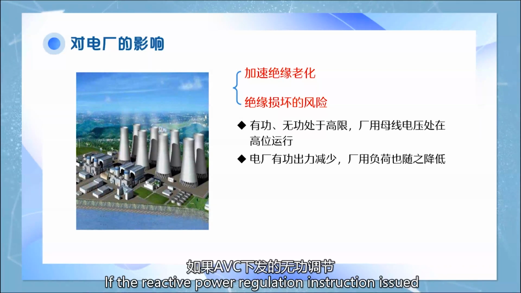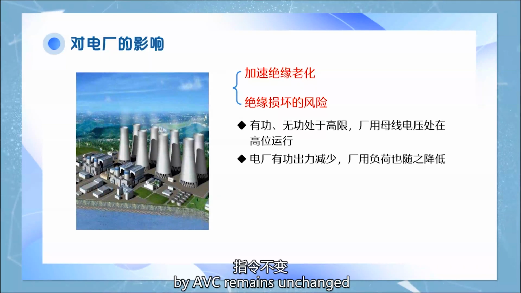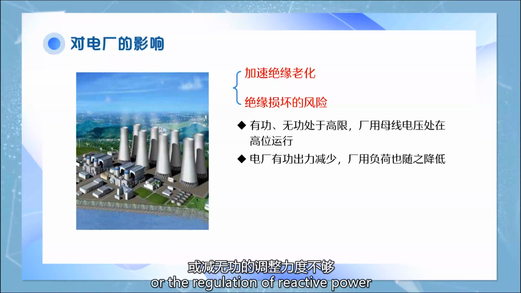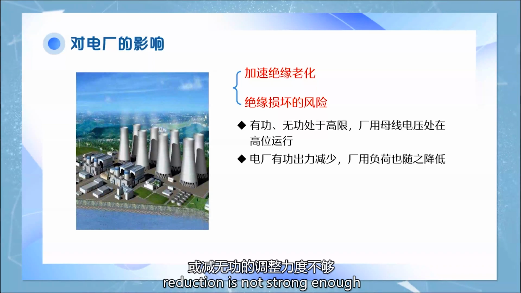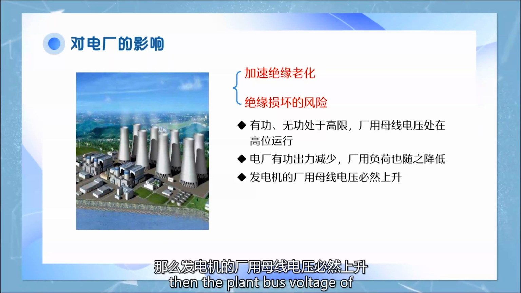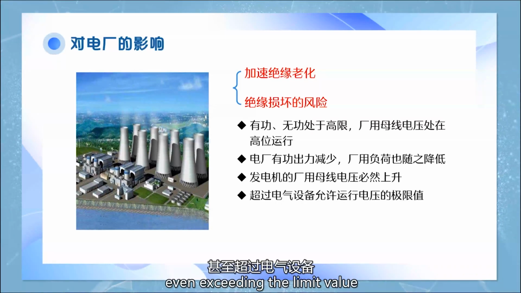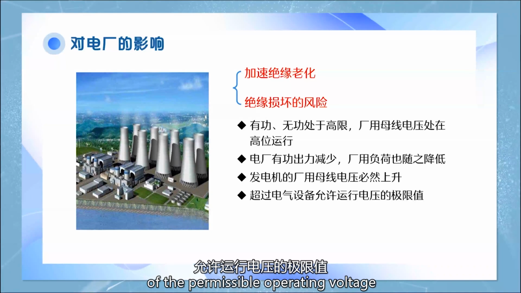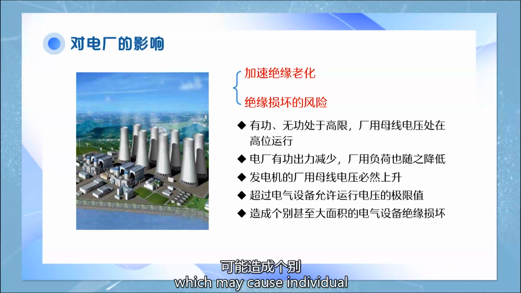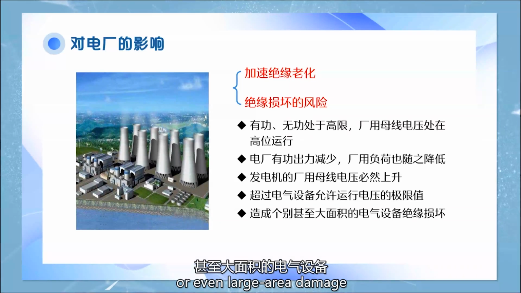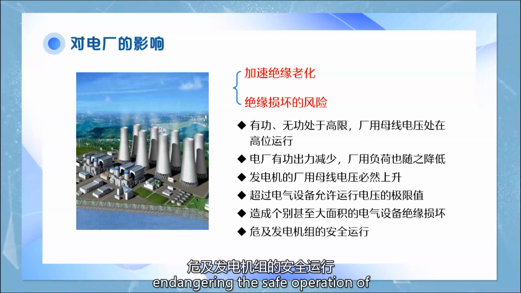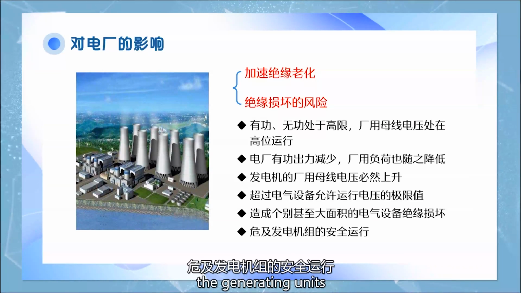If the reactive power regulation instruction issued by AVC remains unchanged, or the regulation of reactive power reduction is not strong enough, then the plant bus voltage of the generator will certainly rise, even exceeding the limit value of the permissible operating voltage of the electrical equipment, which may cause individual or even large area damage to the insulation of the electrical equipment, endangering the safe operation of the generating units.